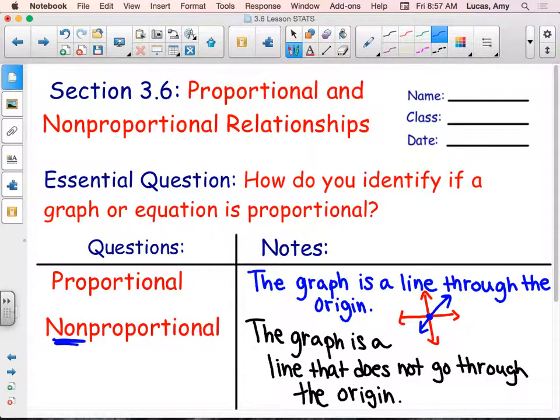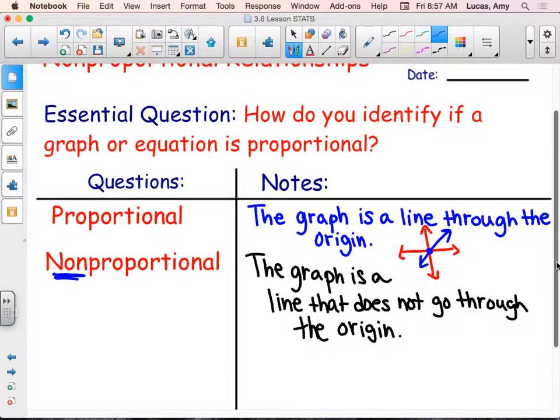So it's still linear, it's still a line. It just does not go through 0, 0. So it has a different y-intercept. So it could be like this, does not go through the origin.